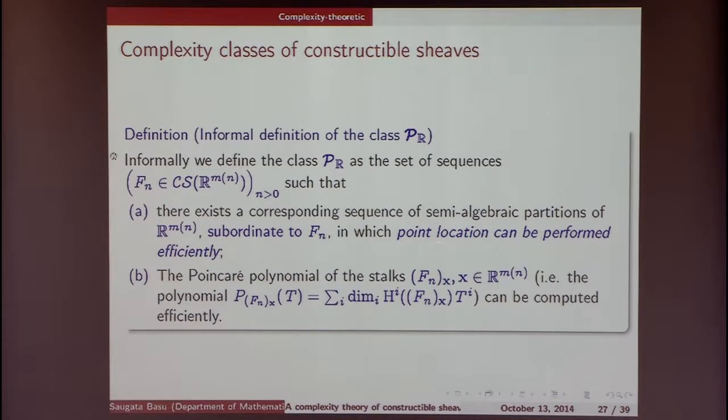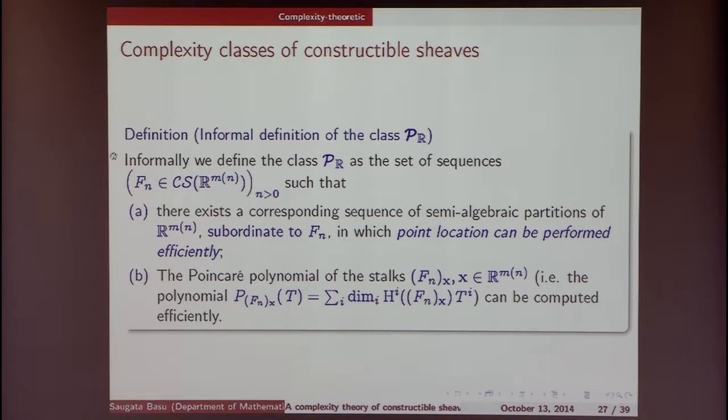But you should be able to do point location efficiently. So given a point, you should be able to locate which element. And you should be able to compute the Poincare polynomial of the stalks for every x efficiently, meaning in a polynomial number of steps by a BSS machine. Given x in R^m, you should be able to do these in polynomially many steps.